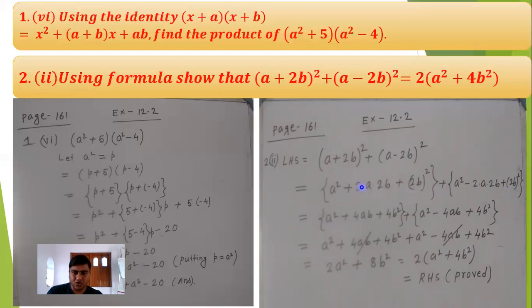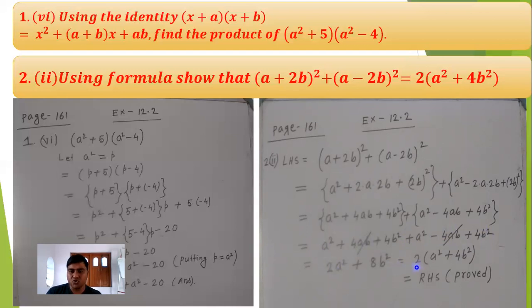A square plus 4ab plus 4b square plus a square minus 4ab plus 4b square. Now we open the second bracket, and plus 4ab and minus 4ab are cancelled. A square plus a square is 2a square. 4b square plus 4b square is 8b square.